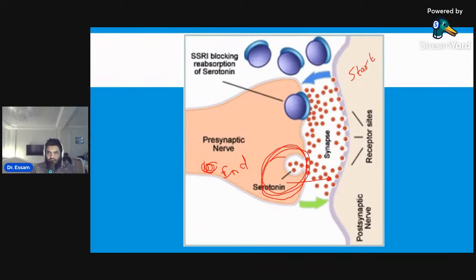What is a neuron? I cannot explain that, you should go and read in anatomy. So this is the presynaptic nerve and this is the postsynaptic nerve, and this space is called the synapse. So serotonin is a neurotransmitter and a type of medicine.